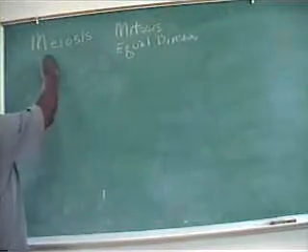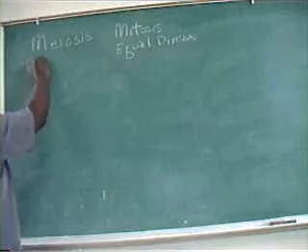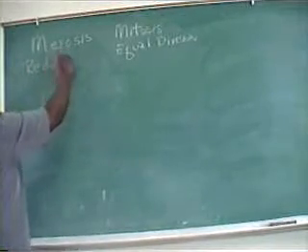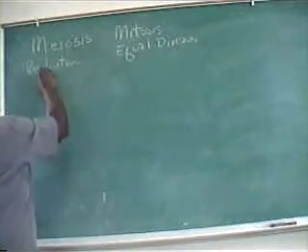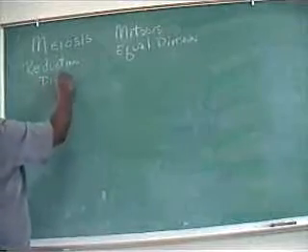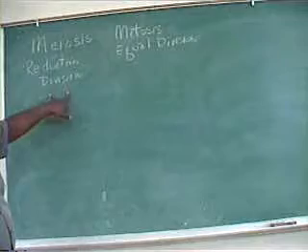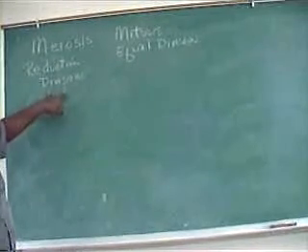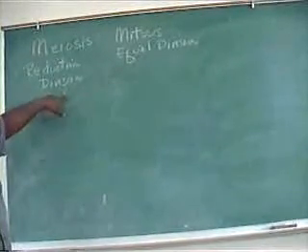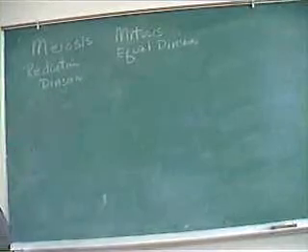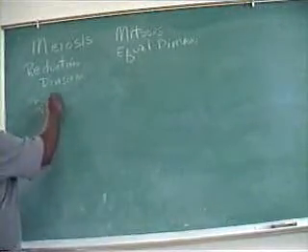And a quick definition for meiosis is reduction division. So the nuclei in meiosis are going to have half the amount of DNA. Also, in meiosis we have two divisions.